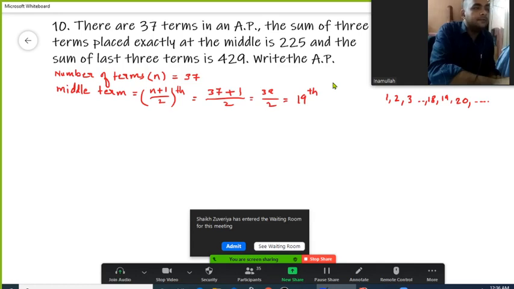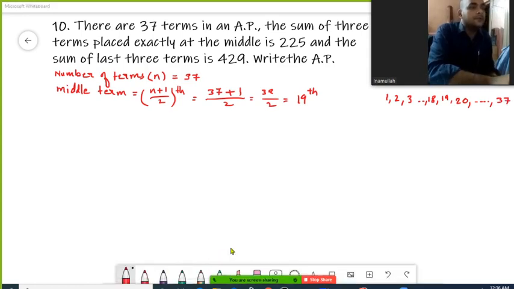The question says the three terms placed exactly at the middle sum to 225.